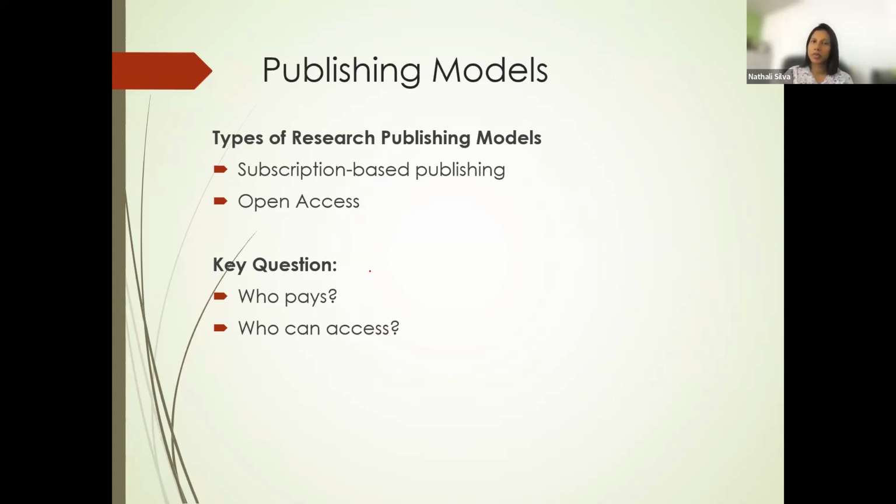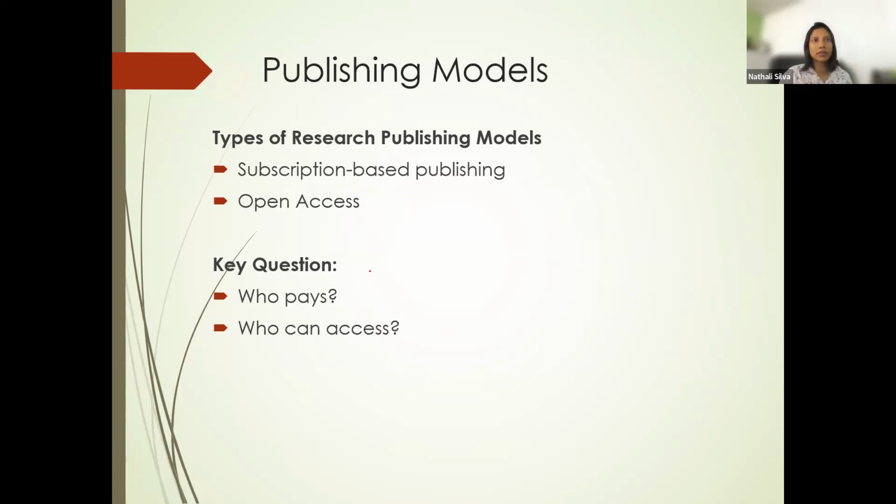Mainly there are two types of publishing models, subscription based and open access. Now, why do you think it's important to know this even before the submission? Do you think it's important to have an understanding about it before submission? Yes. Why? Because there are some prestigious journals, but they go as open access.